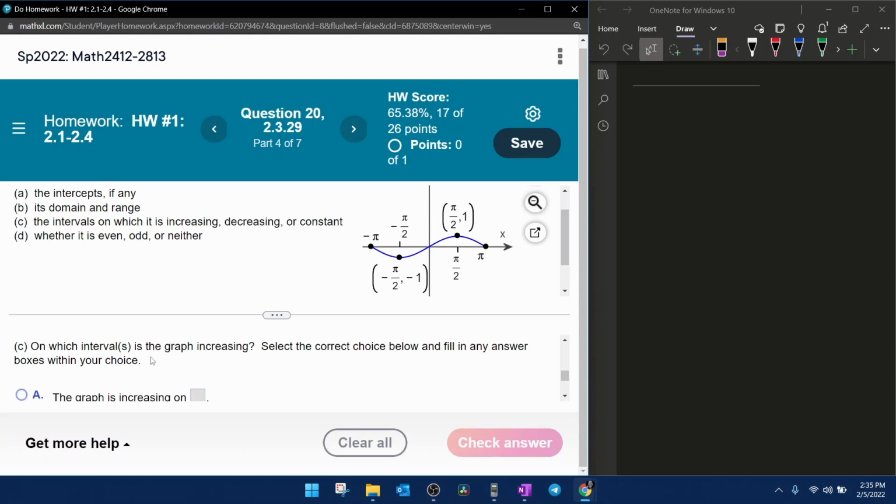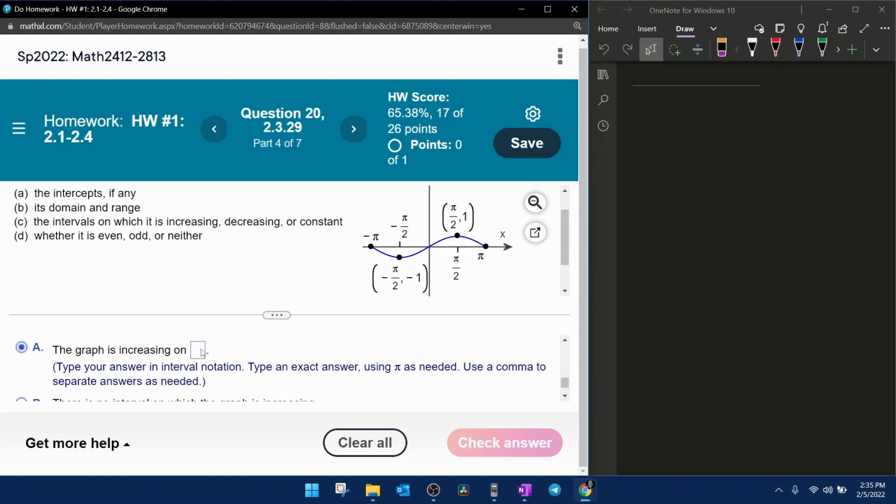On which intervals is the graph increasing? Okay, so this graph is going to be increasing from negative pi over 2 to pi over 2. Because notice at negative pi over 2, the graph starts to increase and it stops increasing at pi over 2.